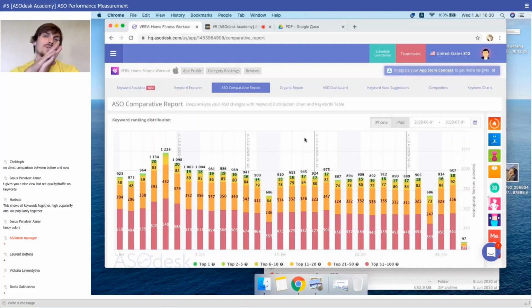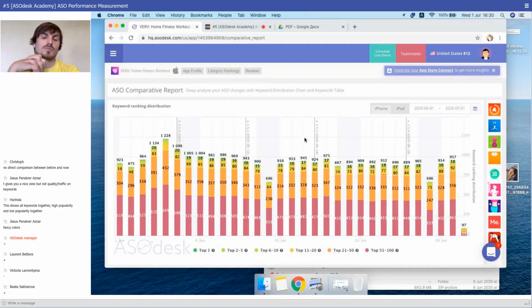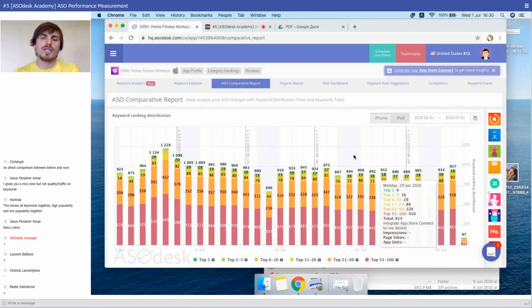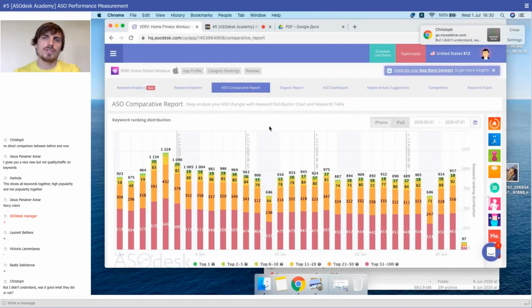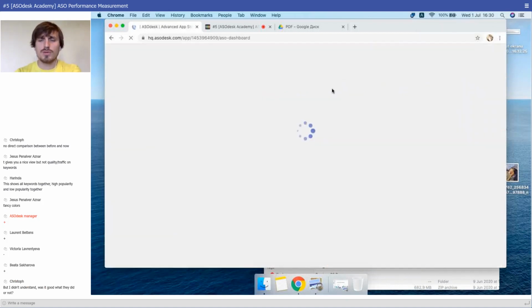As we've said already, it would be a mistake to just finish on this point, because we've got all the external metrics, but we don't have internal metrics. So to compare this data with our internal metrics, we need to go to the ASO dashboard.